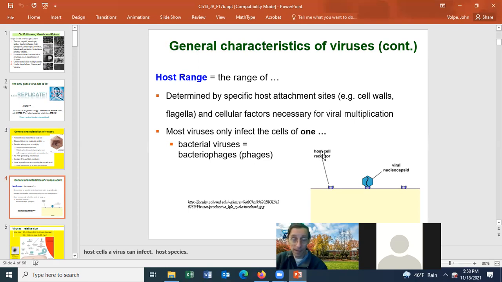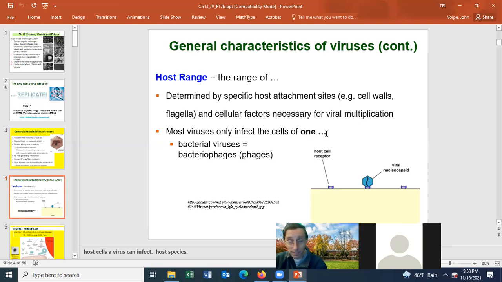It doesn't tend to infect skin cells, for example, cells of your nose. So most viruses only infect the cells of one or a few species.